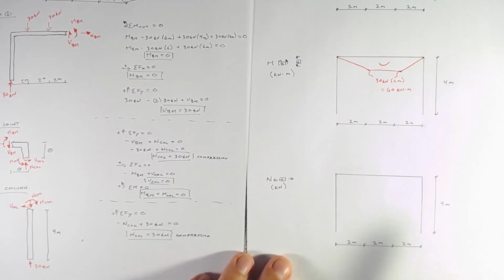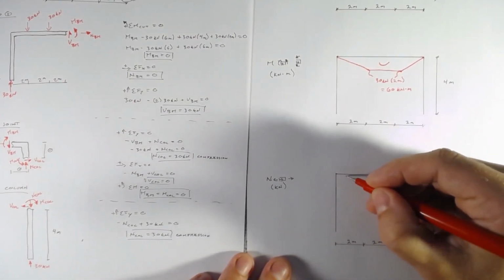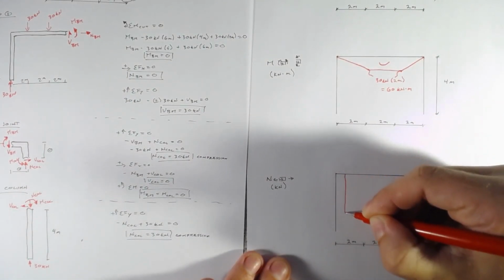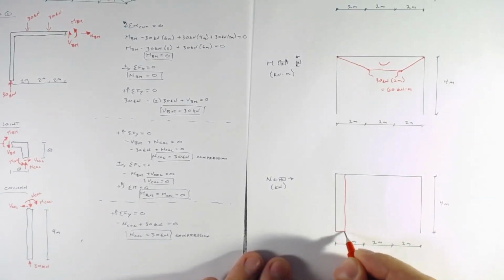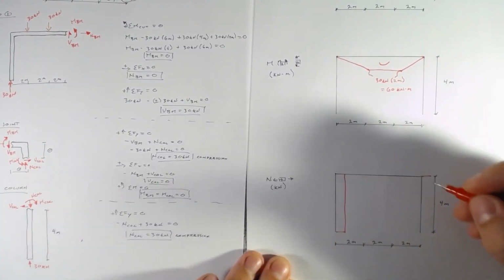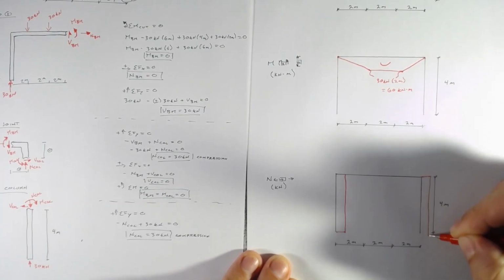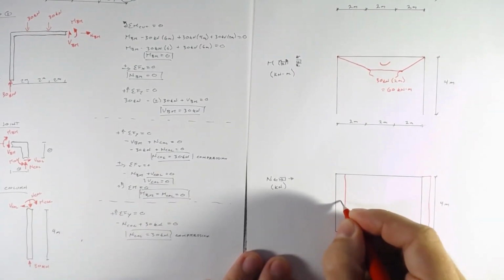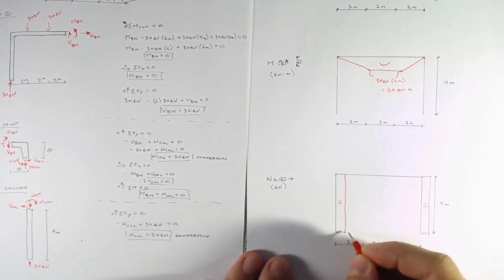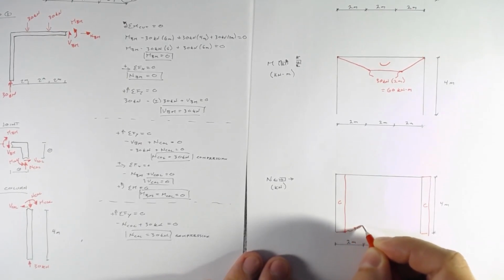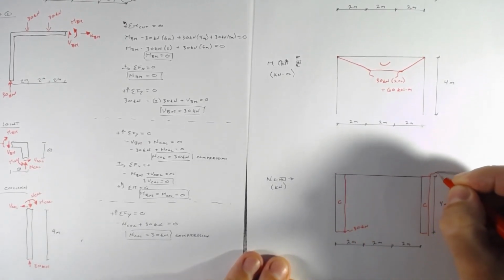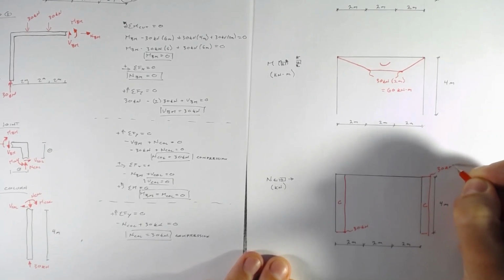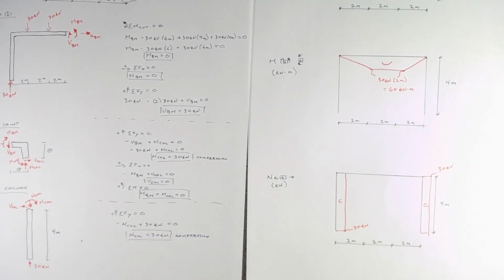Because we are calling tension positive, we will just draw them over on this side here. And because they're both in compression, we will draw them on the same side. We'll just put a little C for compression, and that's 30 kilonewtons. 30 kilonewtons. So they're nice and symmetrical and constant.